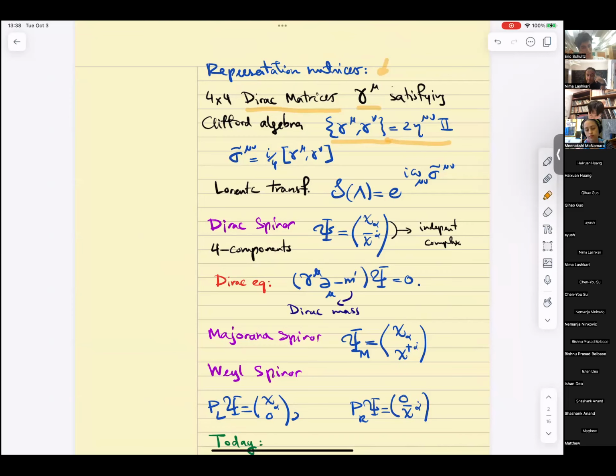And to see directly how it's related to representations of the Lorentz group, the commutator of two of these Dirac matrices multiplied by i/4 is this sigma tilde, which is the generator of the Lorentz transformation. So exponentiated, these do become Lorentz transformations, right? So these are 4-dimensional representations, because we started with 4x4 Dirac matrices.